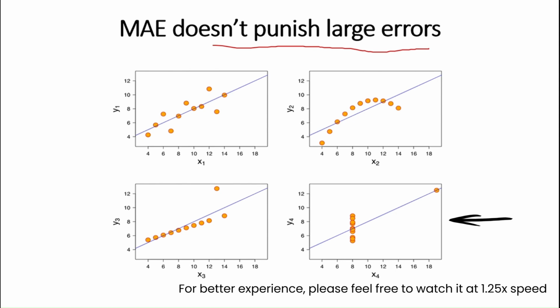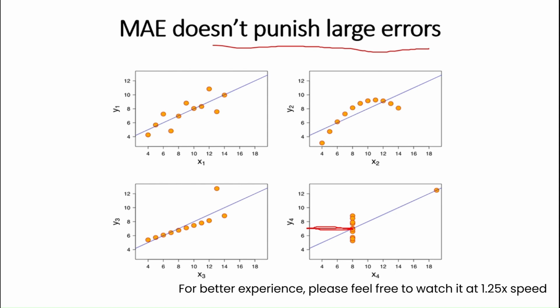Because for x value 8, we have many different y values, and this line is not predicting many different y values. It will give the answer here, something between 6 and 8, could be 7. So every time you ask it to predict for x equal to 8, it will reply y is 7. But we know the y varies a lot. So this doesn't really punish these large errors.